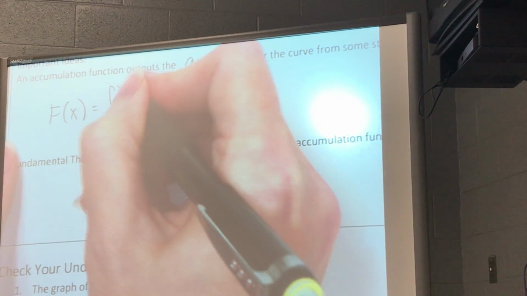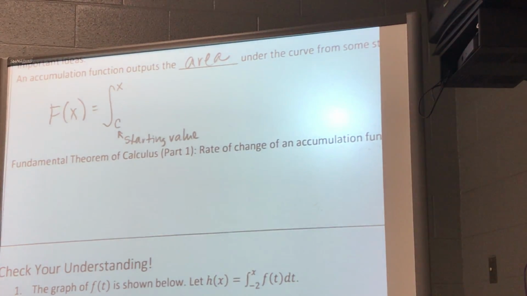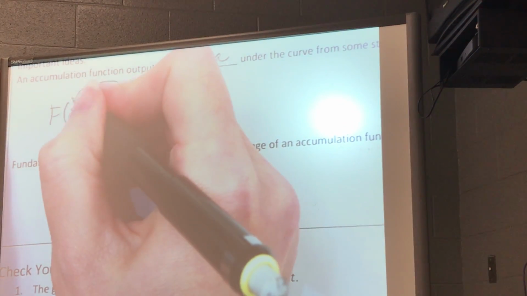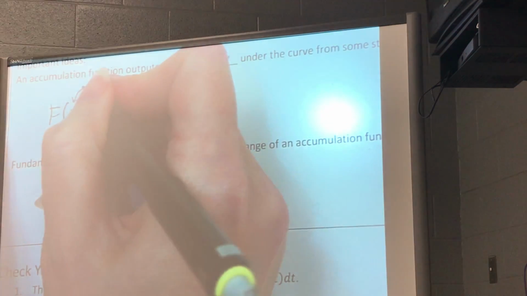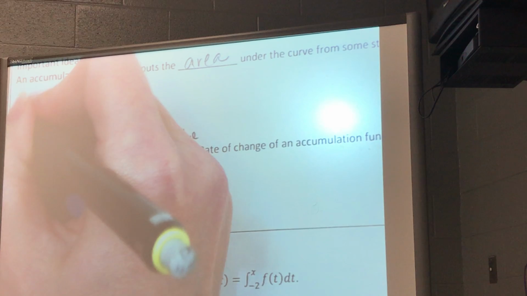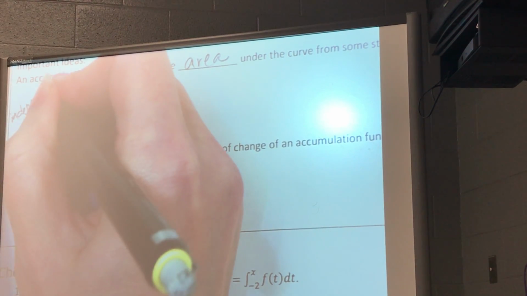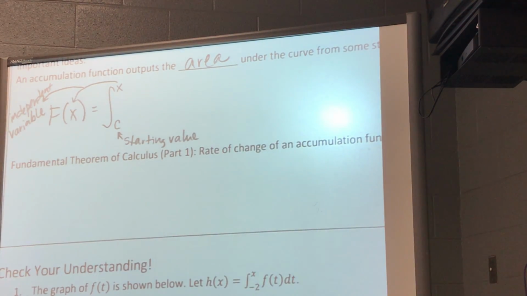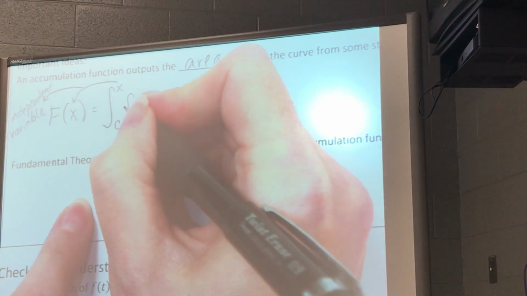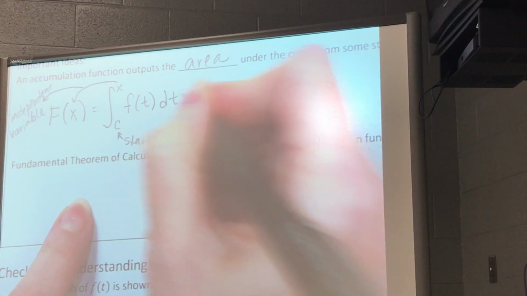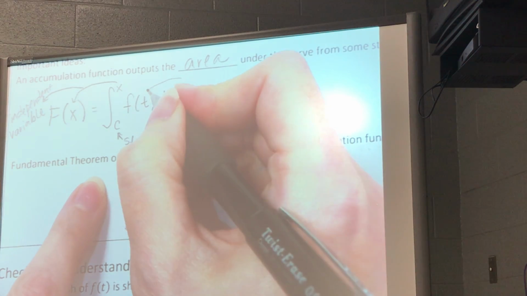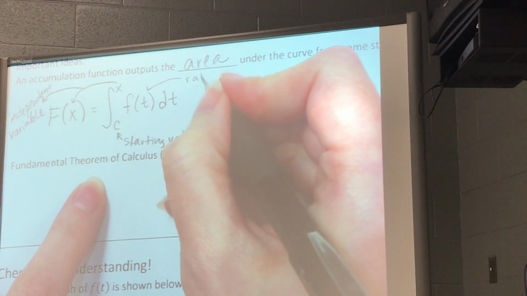And on these accumulation functions, the upper limit is x, and it should match whatever is here. And that's the independent variable. And then you'll have something like f of t dt. And then f of t is the rate of accumulation.